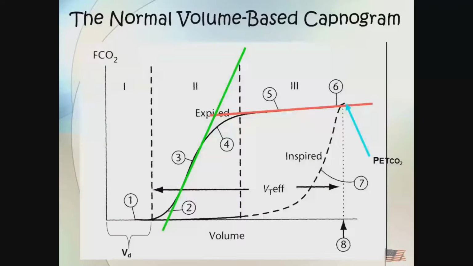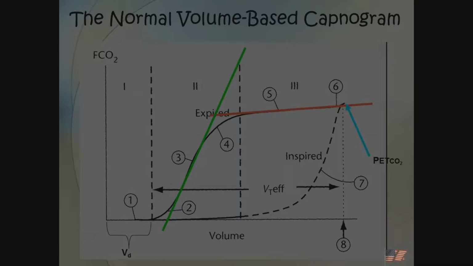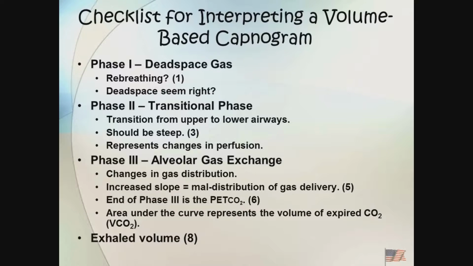Phase 2 is this vertical rise, that green line there, number 3. So this is the transition from upper airways to lower airways. As we're emptying, we're flushing out whatever CO2 might be in the upper airways and getting down to more of a peripheral portion. And this portion of that curve, that slope, should be very steep.